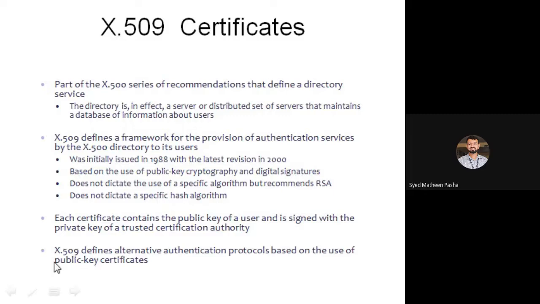So you can see that is actually linked here. So it is recommending the RSA part. It does not dictate a specific hash algorithm as well. So it is not specifying any algorithm, but instead it is giving you a suggestion to use RSA only, because as we all know, with respect to cryptography, RSA stands highest in all the terms.